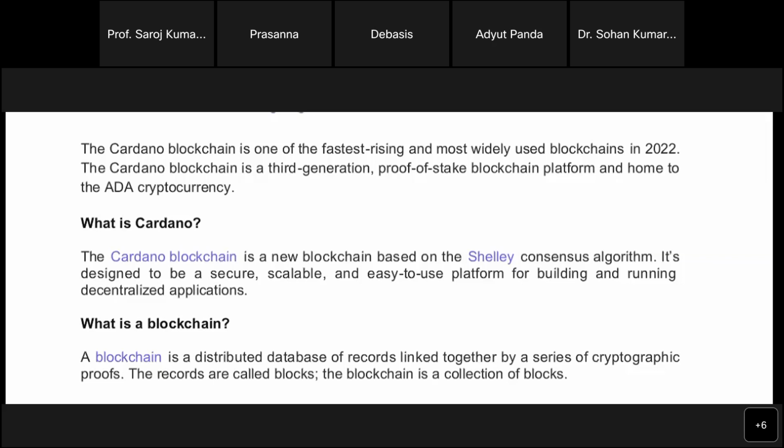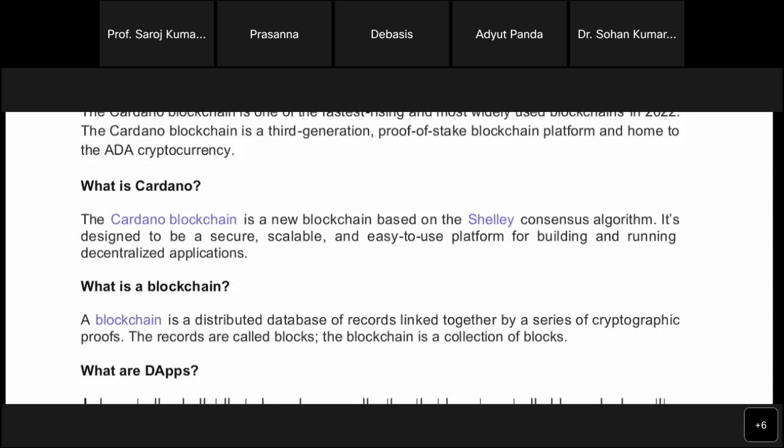Before that, let's think about what a blockchain is. Can anybody define it? As per my understanding, blockchain is a distributed system, and the information is present in each and every node, and it is connected with an encrypted key.